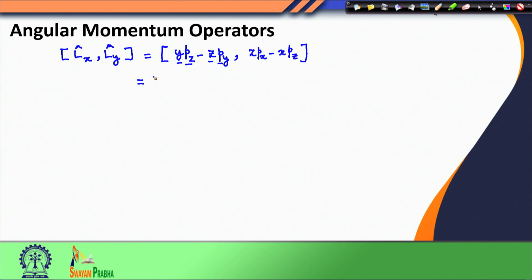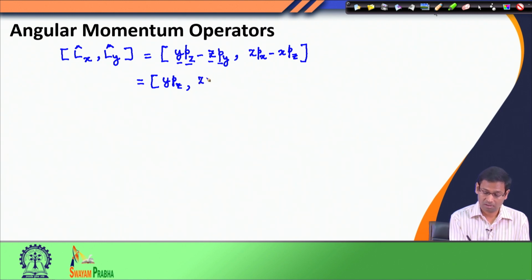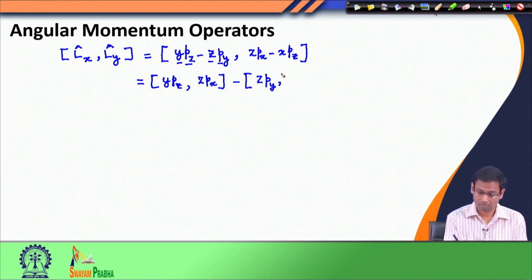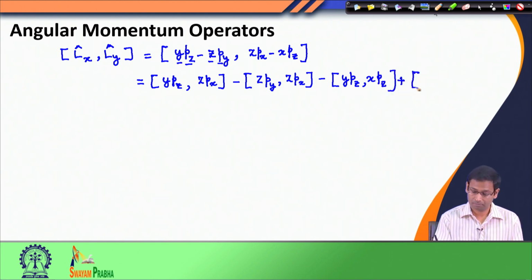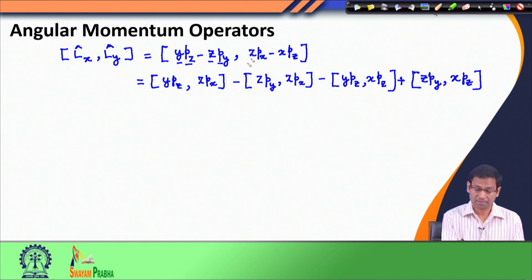So, I can simplify this as y p z, z p x minus ... This commutator in the first line can be expressed as these four commutators: y p z with z p x, and so on.